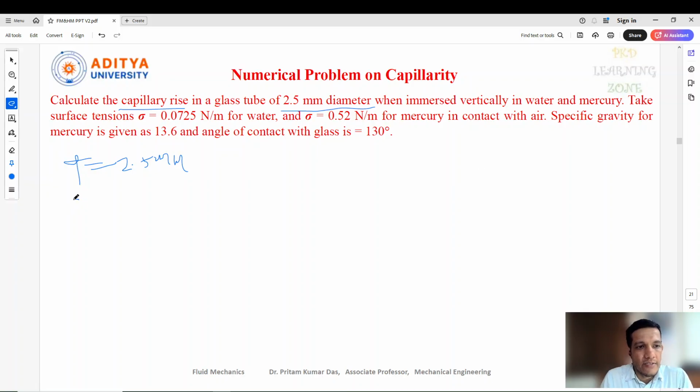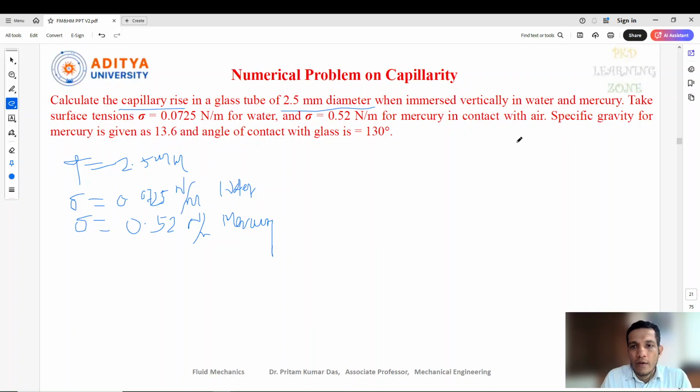Consider the surface tension: sigma for water is 0.0725 Newton per meter, and similarly the sigma for mercury is 0.52. You can see how much difference there is in the sigma value, this is for water and this is for mercury, in contact with air.